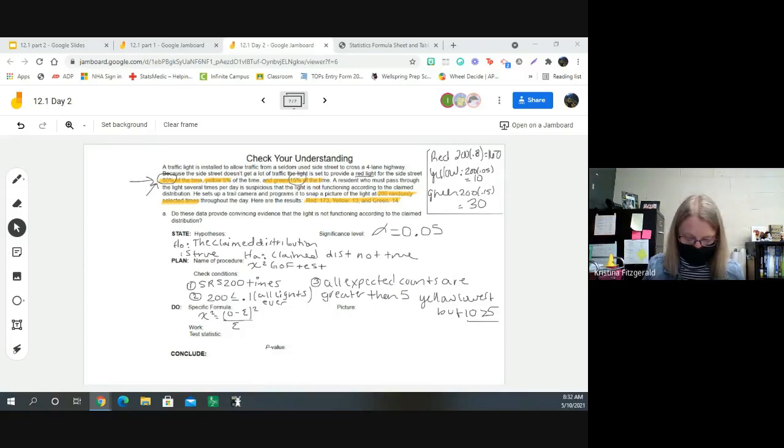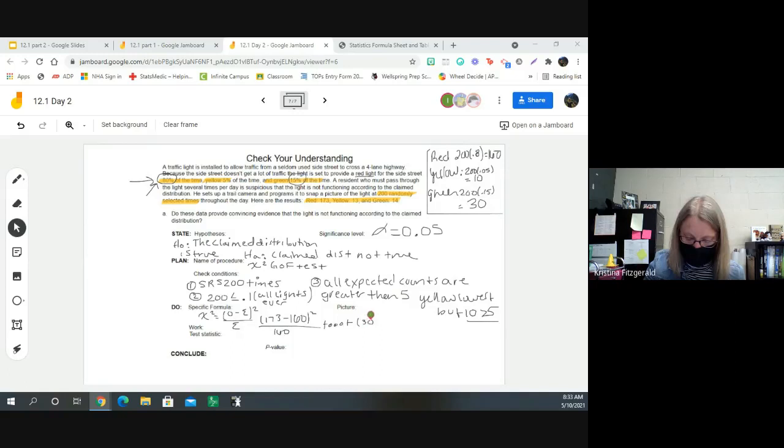For red, I've got 173, and I would take away what's expected and divide by what's expected, so that's the 160. Plus dot, dot, dot. You could list all 3 of these because there's only 3, but I don't want to.